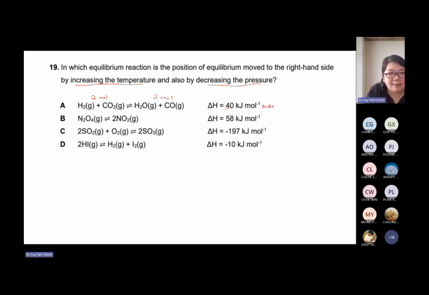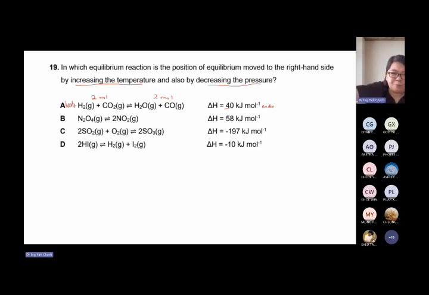So increasing the temperature. Whenever we talk about changing the temperature, I prefer to look at the delta H, and if it is endothermic, I add heat on the left hand side as one of the reactants. It is not exactly a reactant, but this reaction needs heat, right?